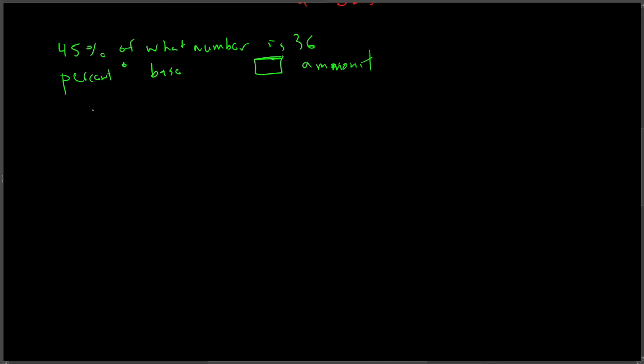So my amount is 36 over my unknown number, which is equal to 45 over 100. I'll cross multiply. 45n is equal to 36 times 100. I'll divide both sides by 45.